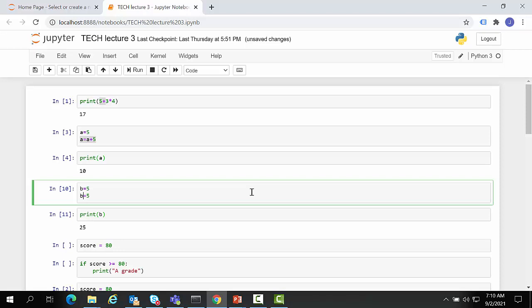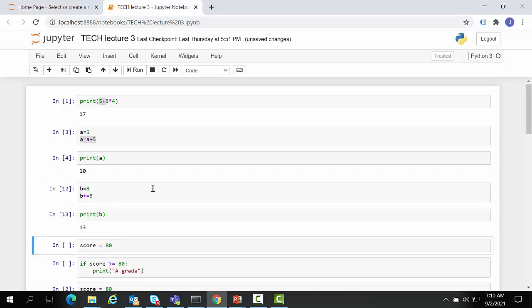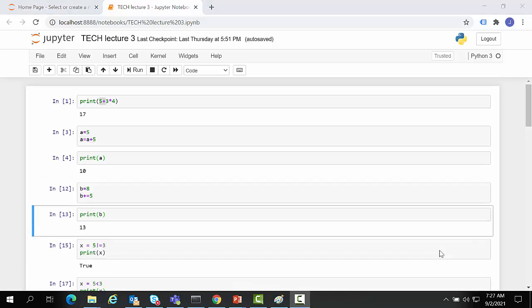If I convert this back to a plus, and now b takes the value of 8, and 8 plus equals 5, that gives us 13. So b after this line should take the value of 13, and we see that that is the case.